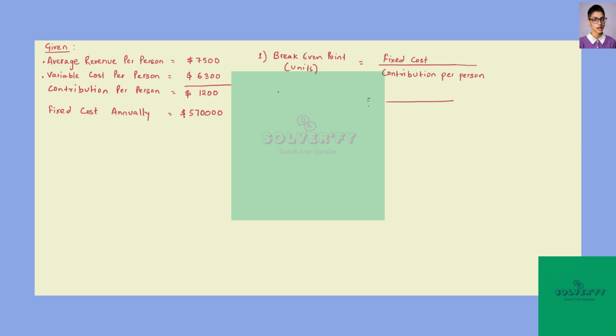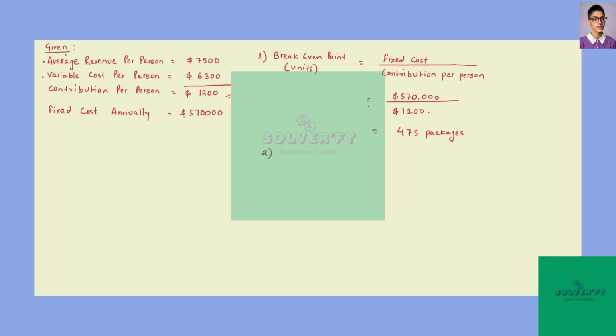So we know that fixed cost is how much? $570,000, and contribution per person we have calculated, that is $1,200. So if we solve this, then we are going to get 475 packages. So the company needs 475 packages at this $1,200 contribution level to reach its break-even point.